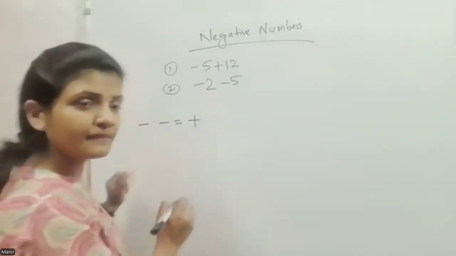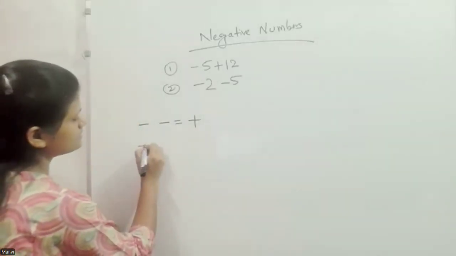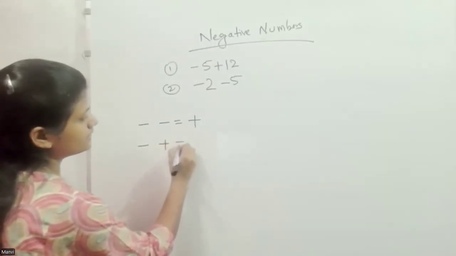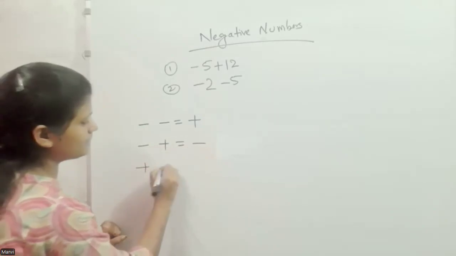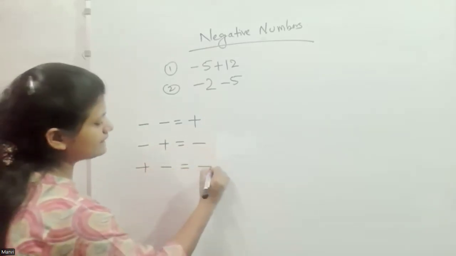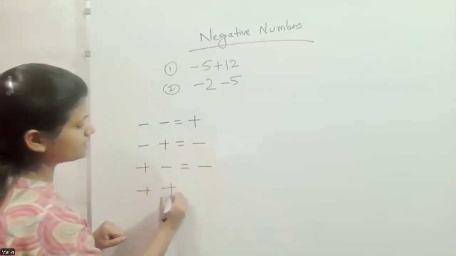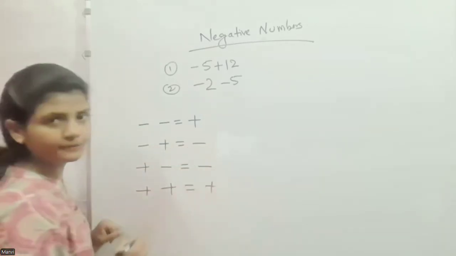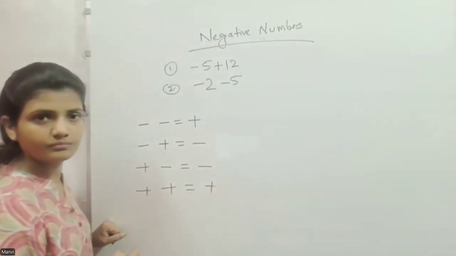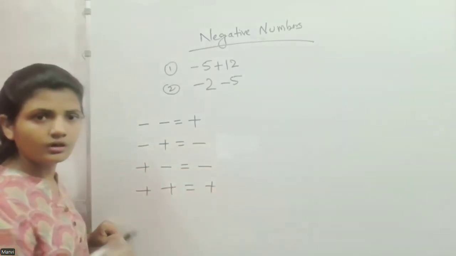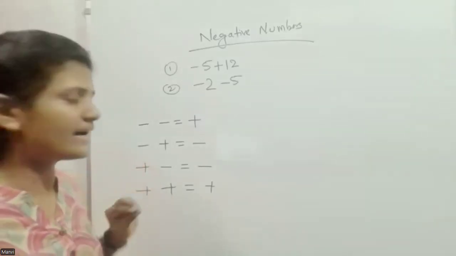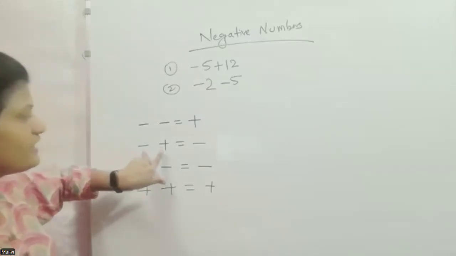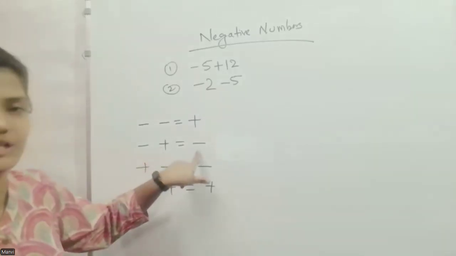When there is a plus, minus, then plus, then we always do minus. When there is plus, then minus, then we always do minus. When there is a plus and plus, we always do plus. Let me write that. The concept is that when there are two different signs, we always do subtract.